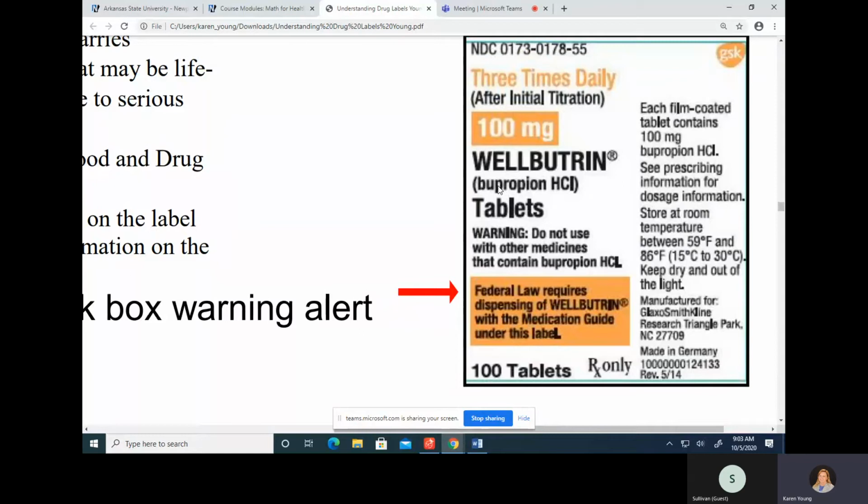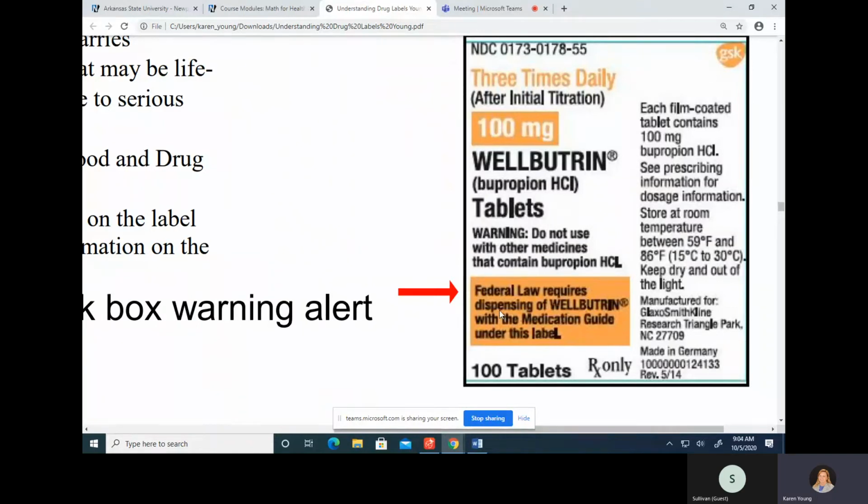It's an SR, I don't remember. It's been a while since I took Wellbutrin. But it's a high concentration, and you don't want to mix two of these antidepressants together, or two medications at the same time. It causes a serotonin problem in your brain. So this is a label warning.